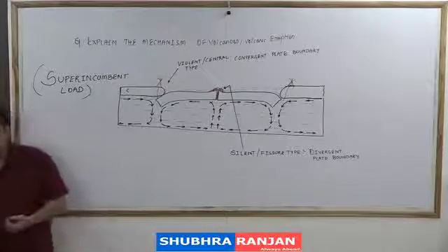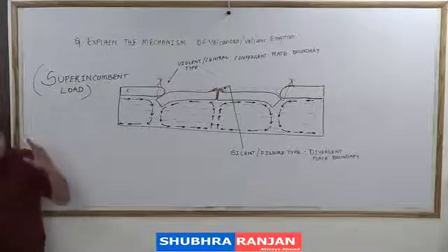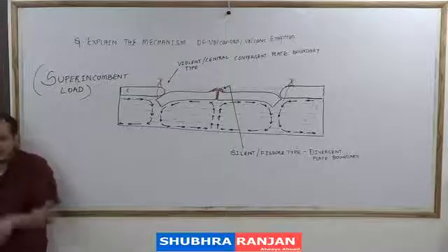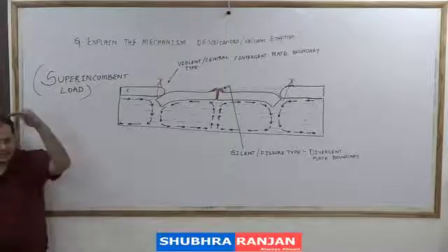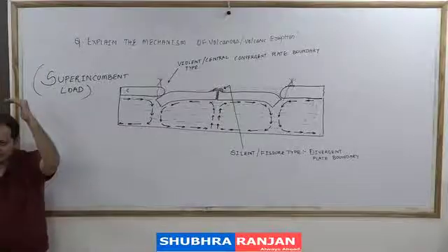We'll be using this word in landslides, and we'll be using this in climatology, superincumbent load. Superincumbent load means the load from above, that is nothing but the pressure that comes from above.